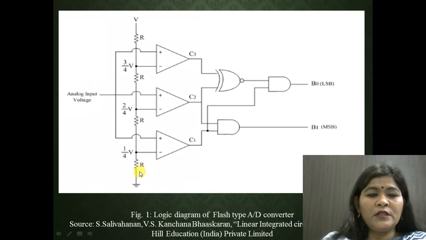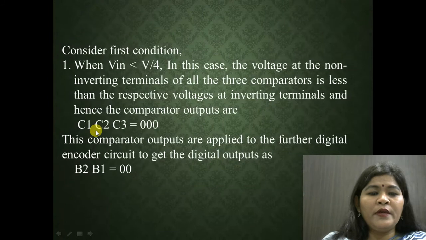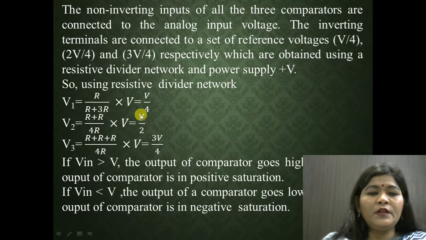Here these are the 4 resistances, 1, 2, 3 and 4. So this is divided by 4R, so V1 equals V by 4.